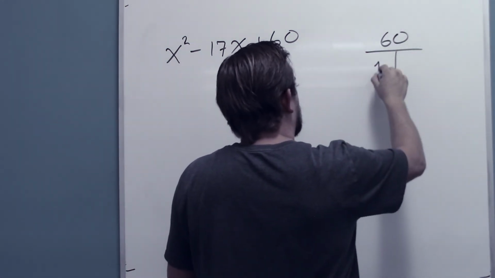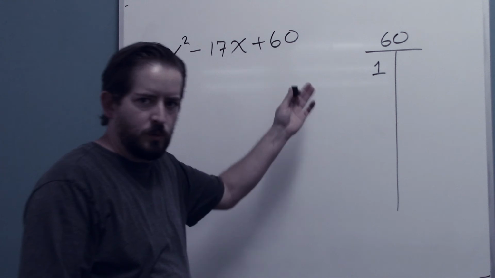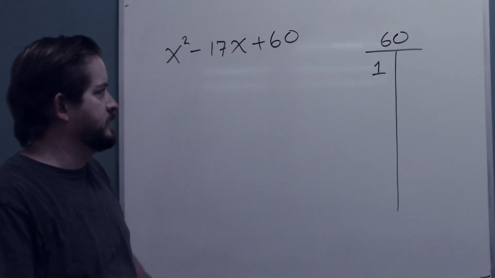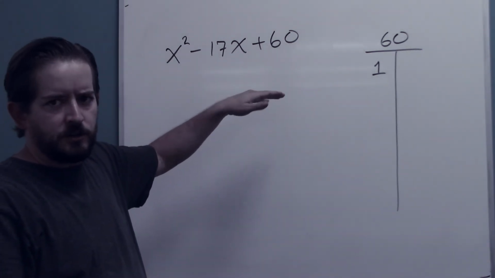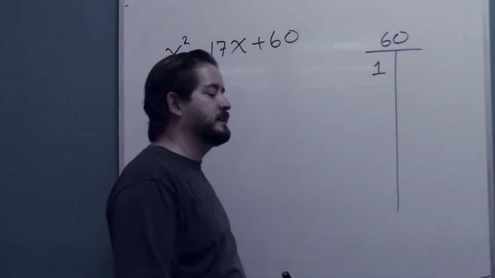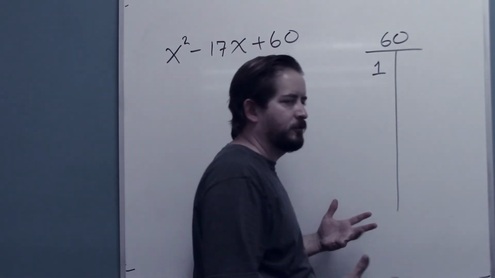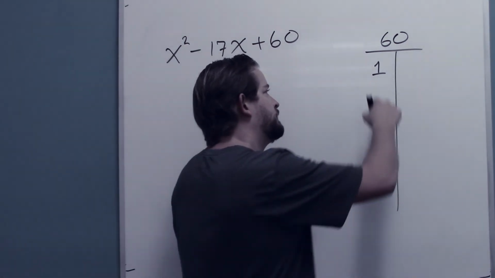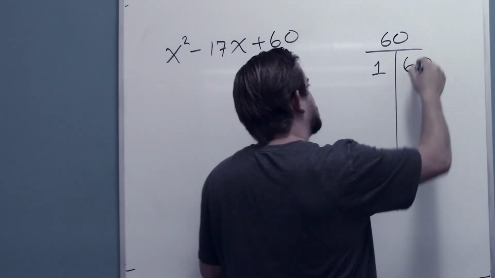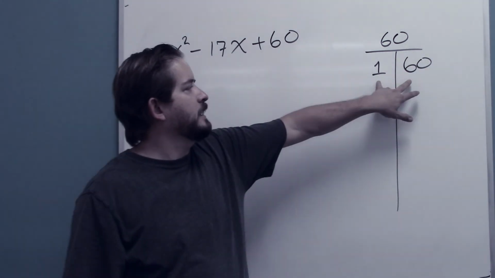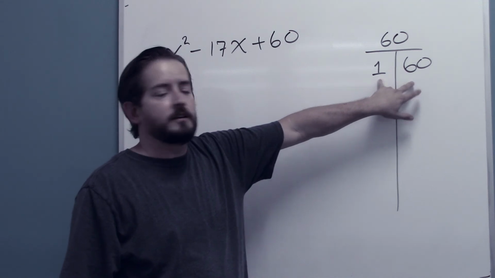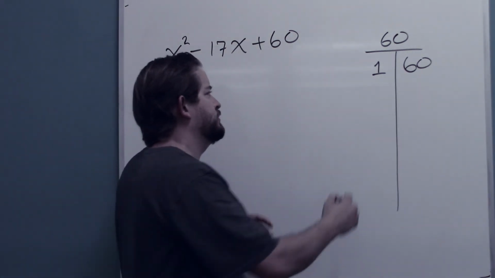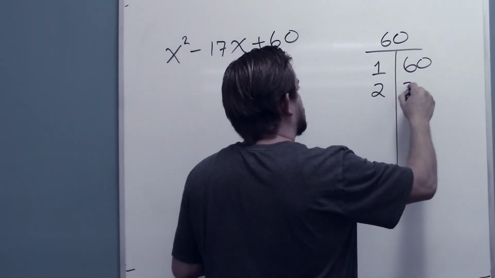Again, if I start at 1, and 1 and the number itself should always be on your list, and then go to 2 and 3 and 4, you'll see how fast this list kind of deteriorates all of your options. Well, 1 and 60, right? There's 58 other numbers that could be in here. But the next possible one here is 2 and 30.